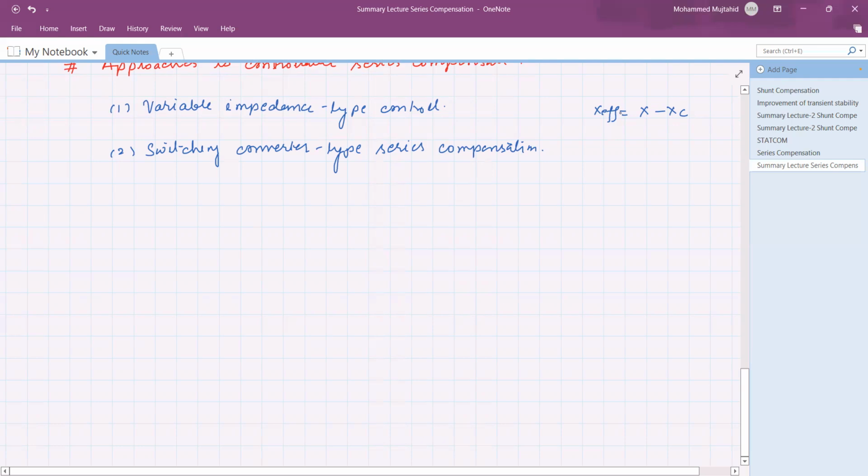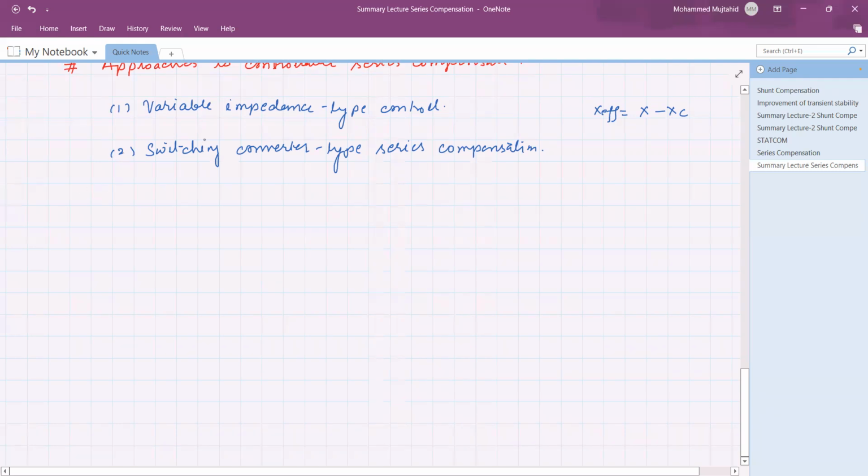Virtually the line length of the transmission line decreases, and as we discussed very early, if the length of the transmission line is small, the power handling capacity will be higher, and as the length increases, the power handling capacity decreases.